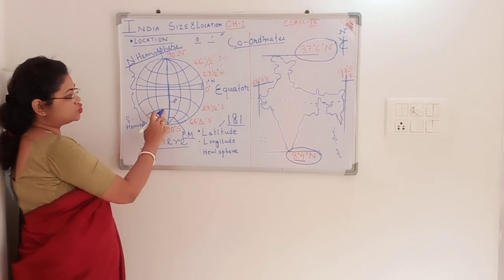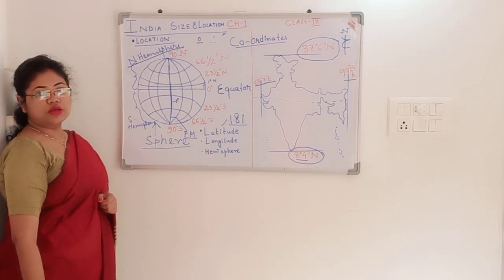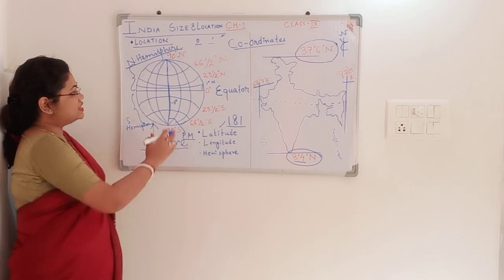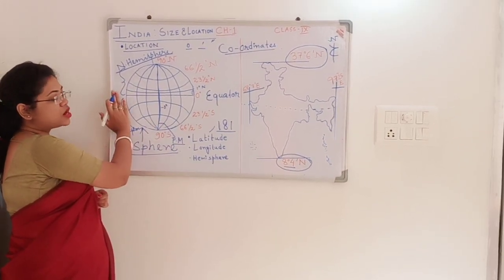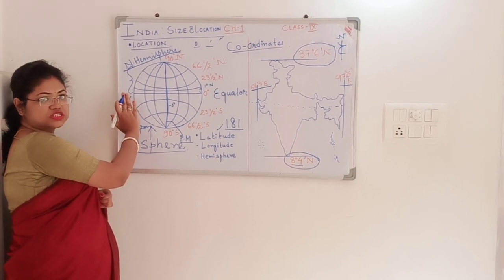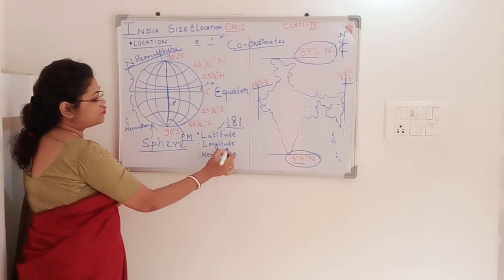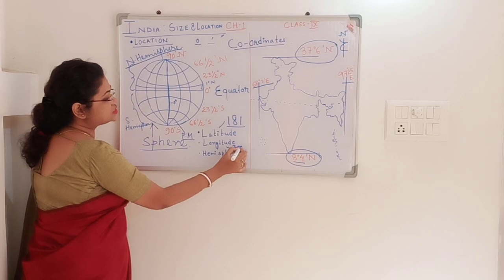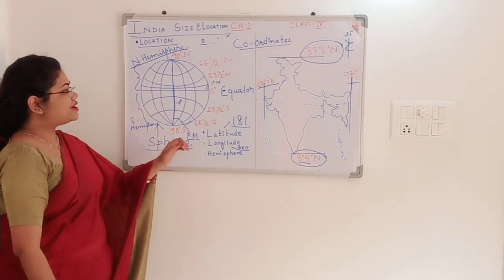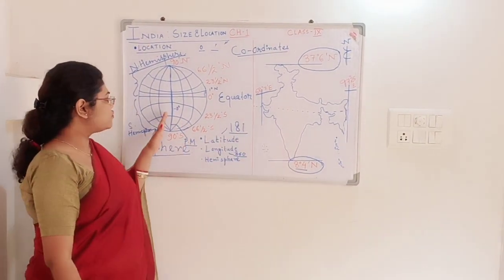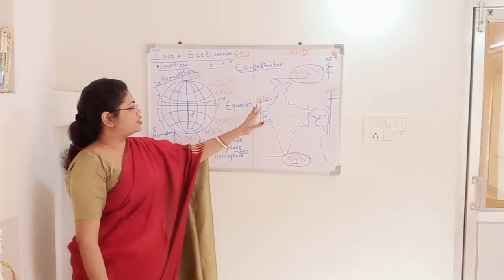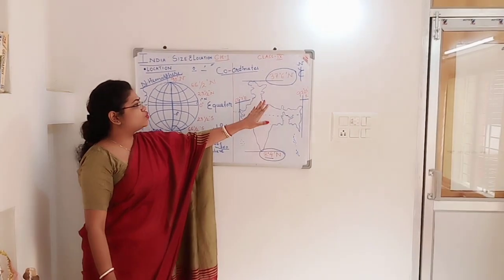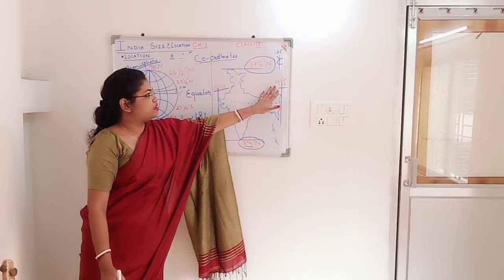Actually, this 0 degree line passes through England, and the eastern part of this line comes under the eastern zone, and the western part of this line comes under the western zone. Altogether, we are having 360 longitudes. Now, India lies on the eastern part of this prime meridian, and the longitudinal extent of India is 68 degree 7 minute east to 97 degree 25 minute east.